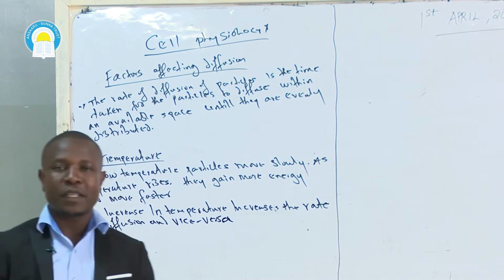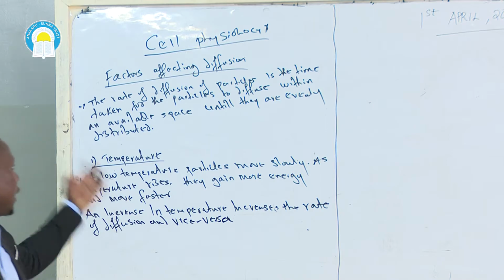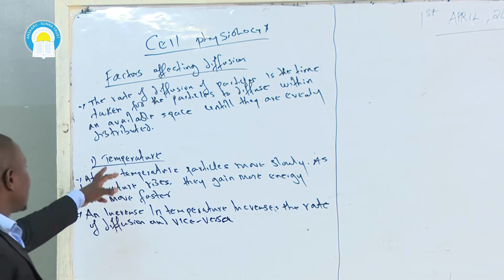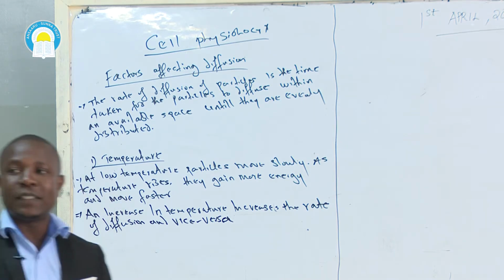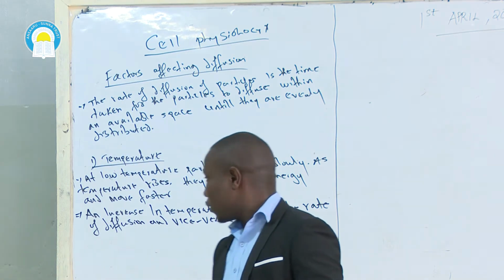The number one factor that affects diffusion is temperature. When the temperature is increasing, the rate of diffusion is also doing what?